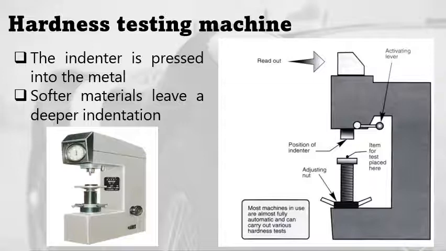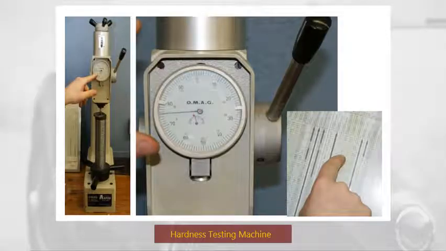You can also see here the measurement scale that will help us identify or measure the scale or the rating. We can read the result right there. So this is a smaller version of the hardness testing machine.